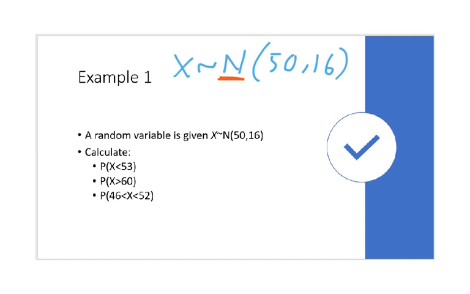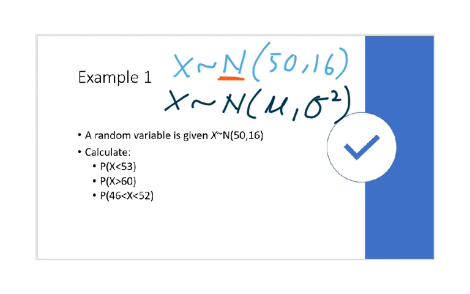Again, this is the notation or model for the normal distribution, given to us as X normally distributed with mu, which is the population mean, and sigma squared, which is the population variance. To come up with the population SD, we need to square root the population variance.